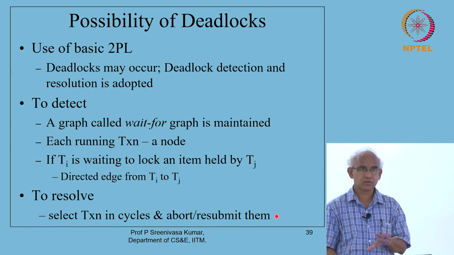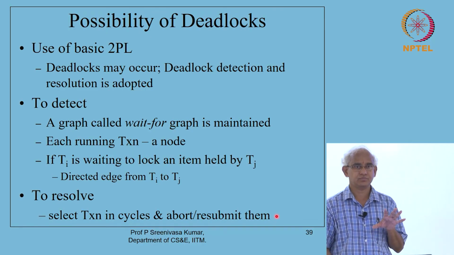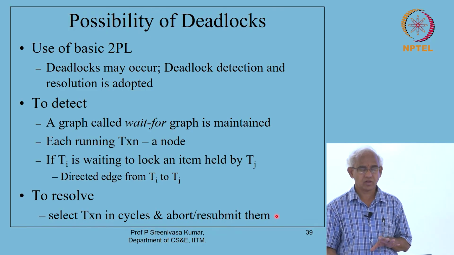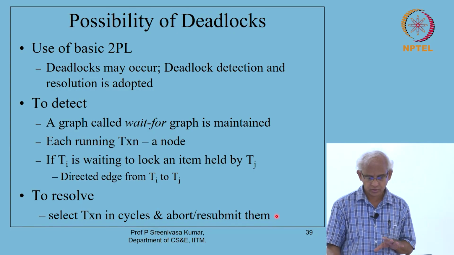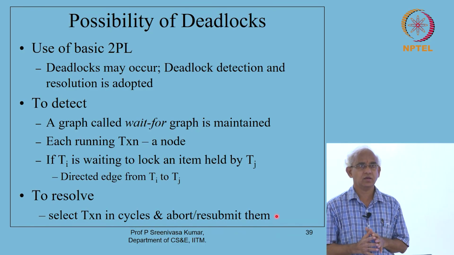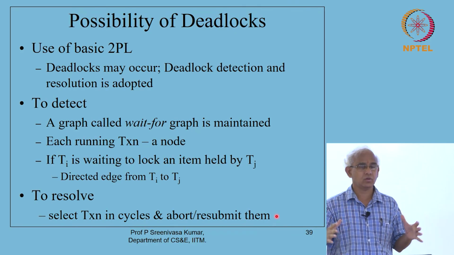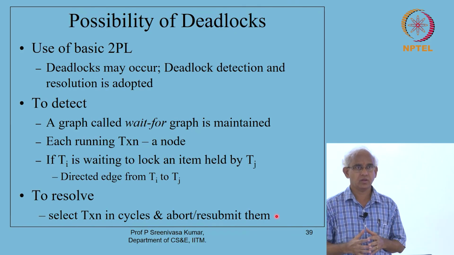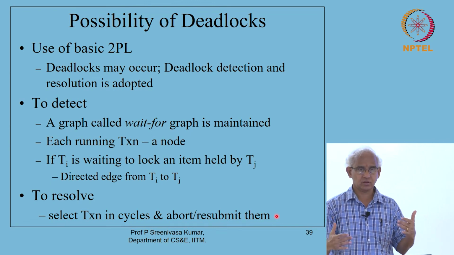So with the combination of the two-phase locking protocol and deadlock detection and resolution, we will be able to realize a concurrency control subsystem which will ensure that the transactions are happening in a safe way.